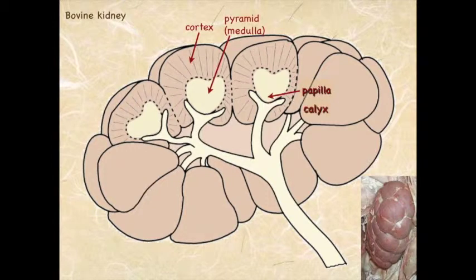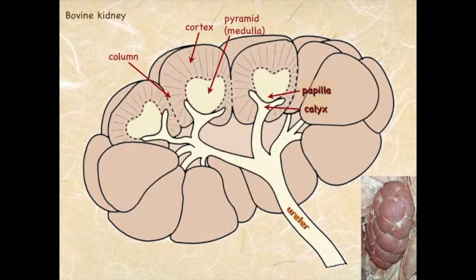The papilla empties into a space known as a calyx, where we have the fusion of the adjacent cortical caps. That region there of the cortex is referred to as a column. Okay, in this image we have a number of calyces. You see that the calyces are all draining into the ureter.